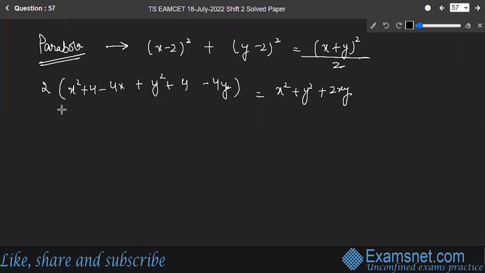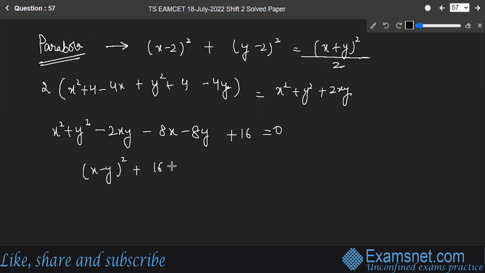On solving, you will have x square plus y square minus 2xy minus 8x minus 8y plus 16 is equal to 0, or x minus y whole square plus 16 is equal to 8 into x plus y.